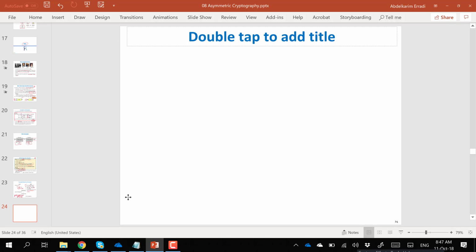So let me show it to you. Maybe you already know it. This is the greatest common divisor of 3 and 20.